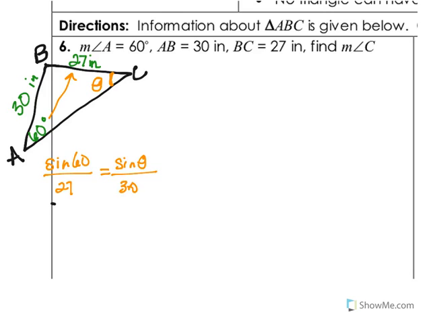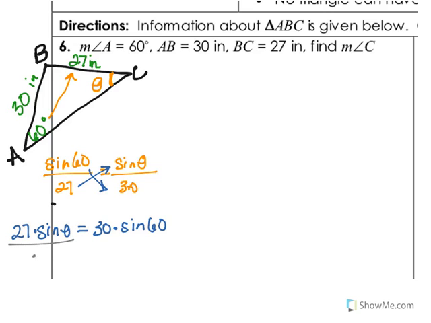Now, from yesterday, how would I solve this? We're going to cross multiply. Let me rewrite this. Let's do 27 times sine of theta equals 30 times sine of 60. Okay, now we're going to solve for theta.